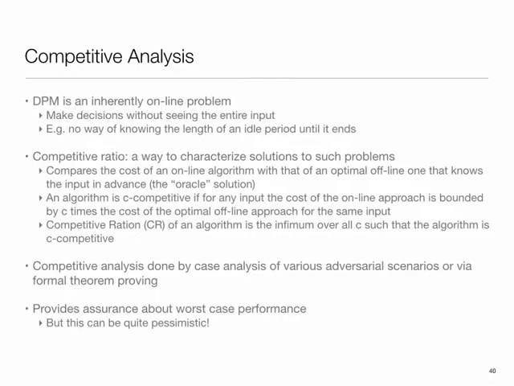So when I said that for the threshold equal to break-even case, it is no more than 2 times worse than the optimum oracle policy, it basically had a competitive ratio of 2. So it can never be worse than 2 times on any input. It will never be worse than 2 times what the oracle would have done.